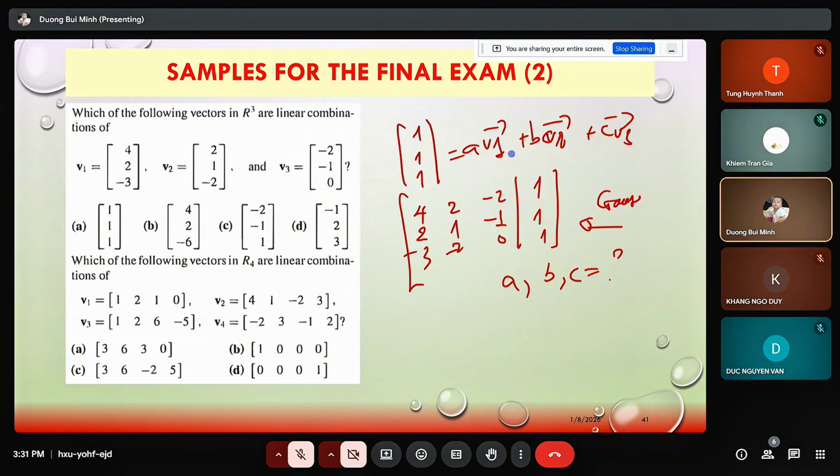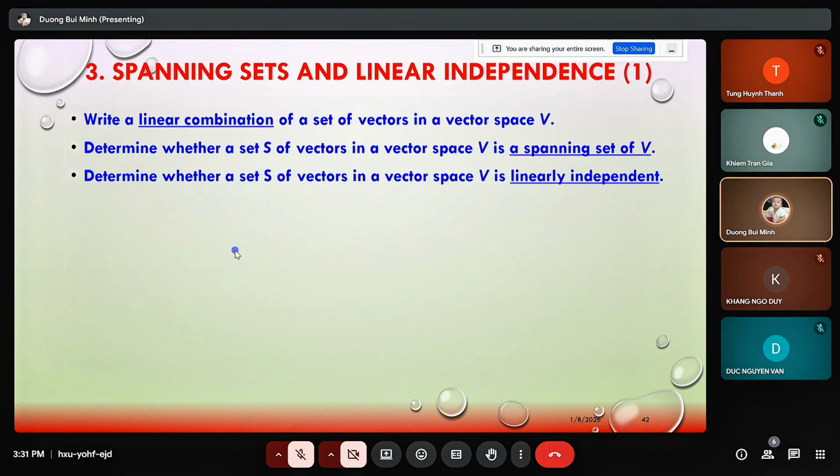And similarly, we have the vector space alpha. Now, section number 3. We discuss spanning set and linear independence. What is the spanning set?